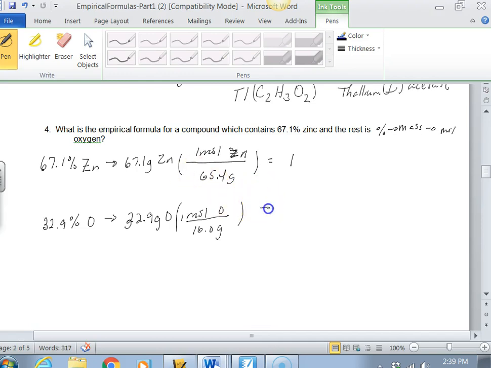That comes to 2. This gives the formula ZnO2. In this case, zinc typically has an oxidation state of +2. Oxygen in this case would have to be -1, so this is actually zinc peroxide. Peroxide is the form of oxygen with a -1 charge.